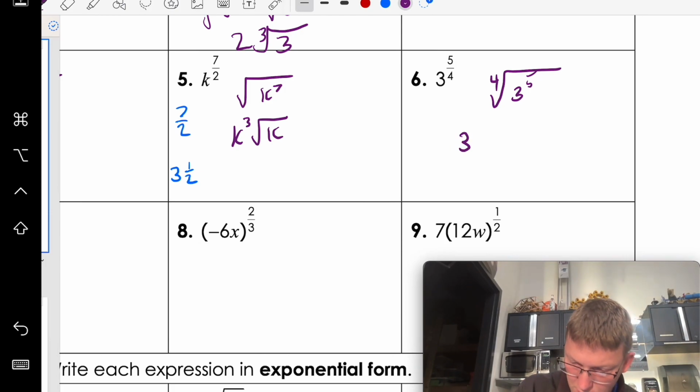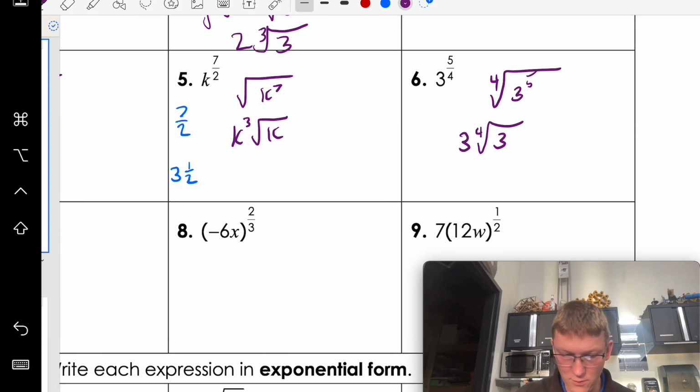So I'm going to pull my 3 out because, again, I'm looking at this fraction right there. After I reduce this fraction, the 5 divided by 4, I take one of the fractions out, and then there's only 1/4 left over. So then we're going to have 1 3 left over in there.